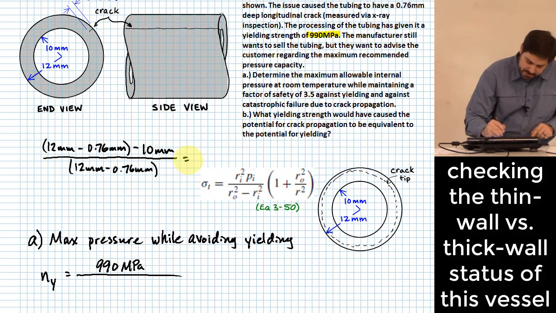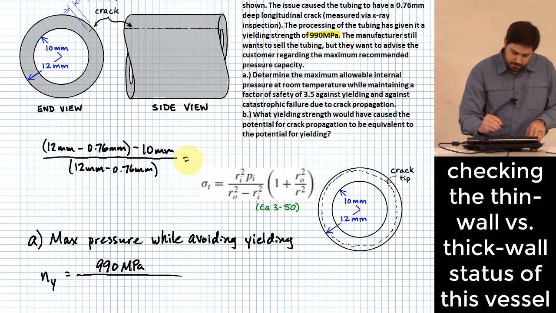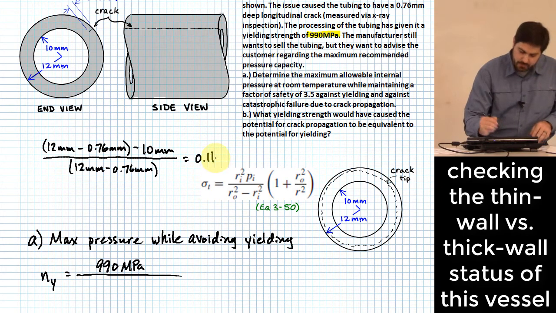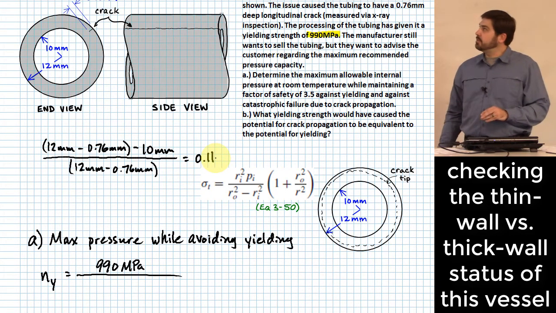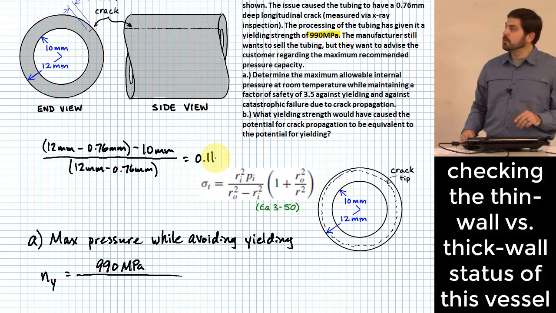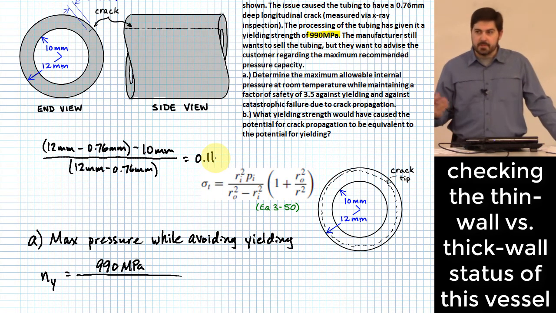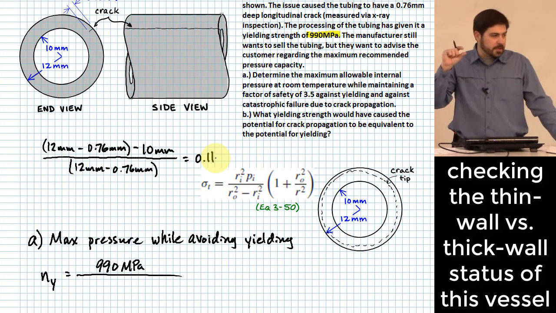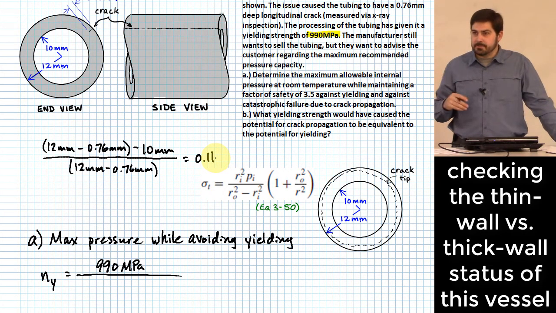Anyway, if we plug this in, what we'll get is 0.11. And what does that tell us? That means we have a little bit too much wall thickness to feel good about using our thin-walled formulas for stress, okay?